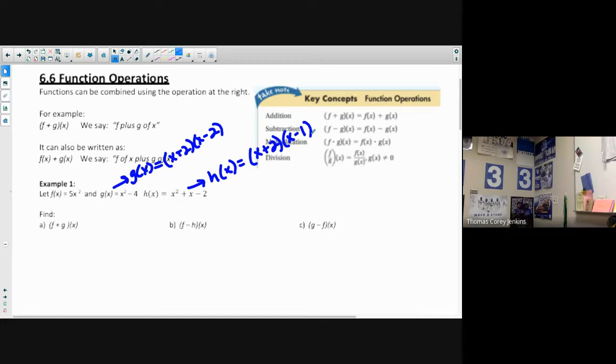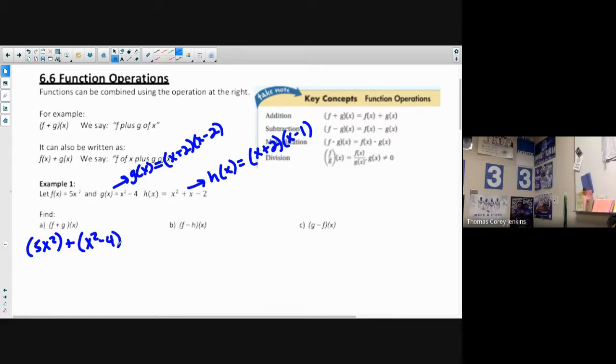All right, so for A, it says f plus g of x. That also just means f of x plus g of x. So we'll take f of x as 5x squared plus g of x is, I'm just going to use the unfactored form since I'm not multiplying or dividing. So I'll just use x squared minus 4.